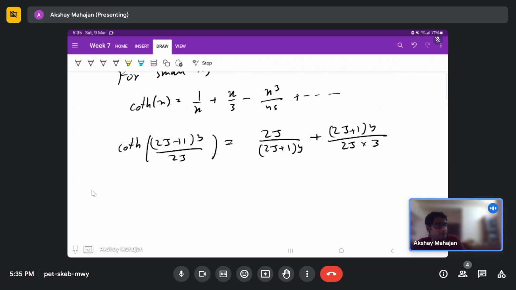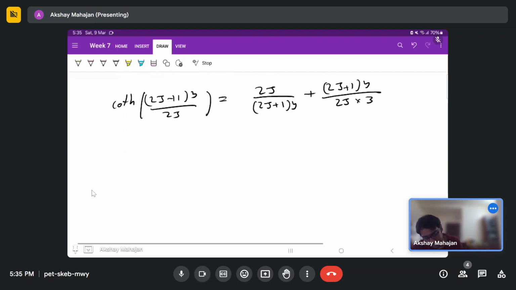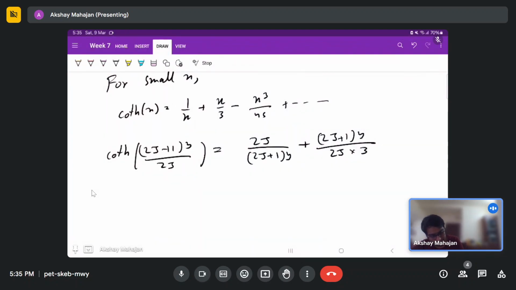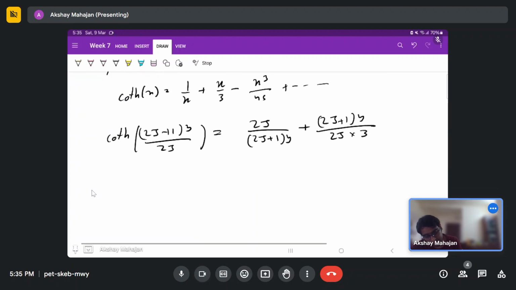The x cubed terms we will ignore, they are going to be very small values.